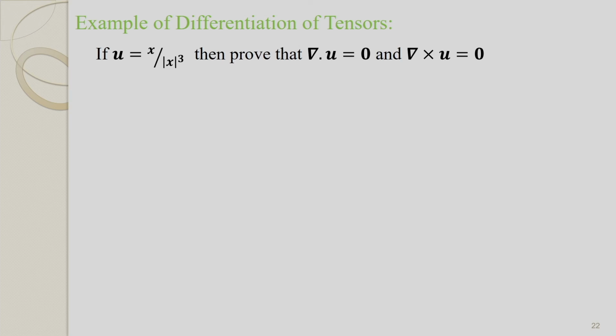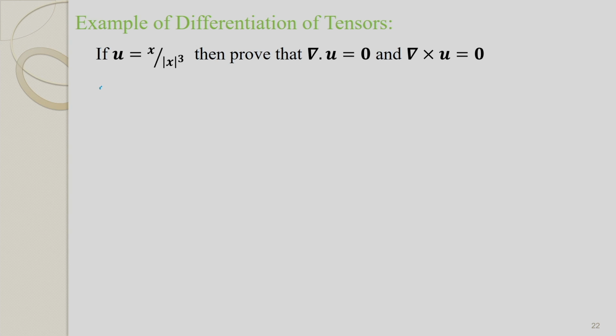First we will express u in indicial notation. So we can write ui as xi by xm. So mod x is nothing but xm whole to the power half.